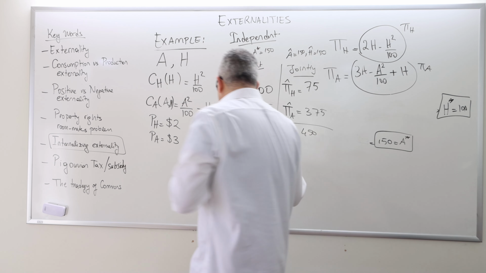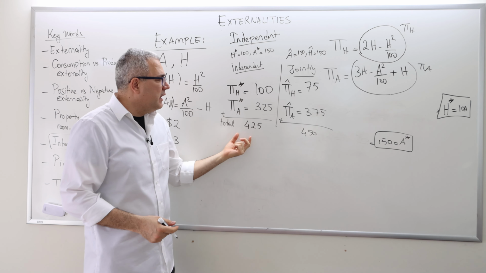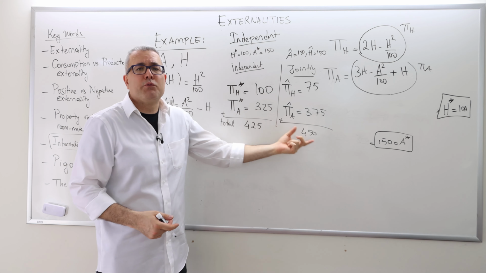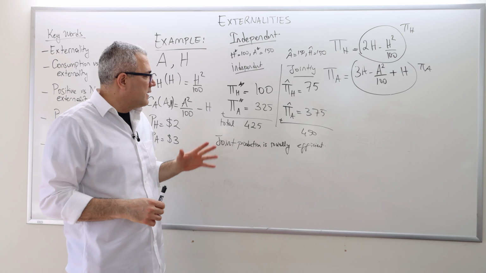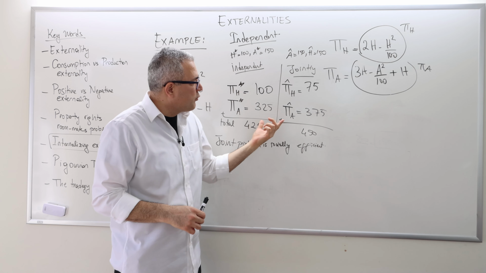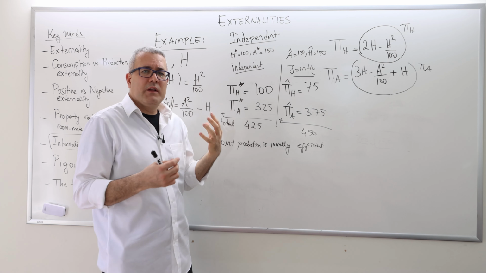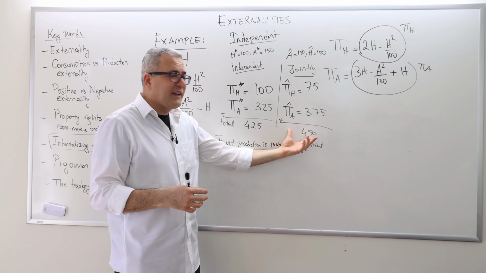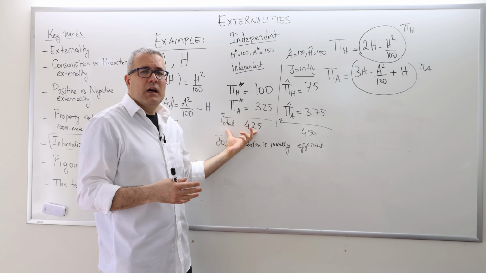So therefore, as it's obvious here, acting jointly is socially efficient. It's a Pareto improvement over acting independently. Because the total profit when they act jointly is higher than the total profit when they act independently, we say that acting jointly is a Pareto improvement over acting separately.